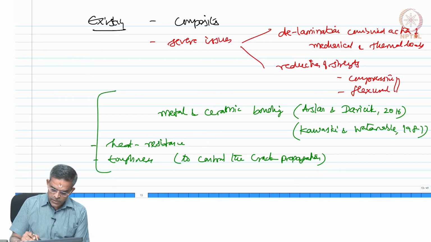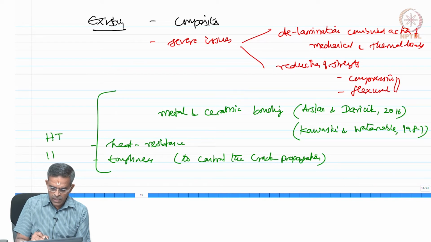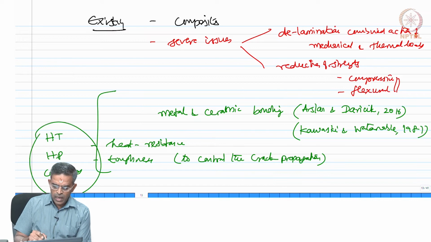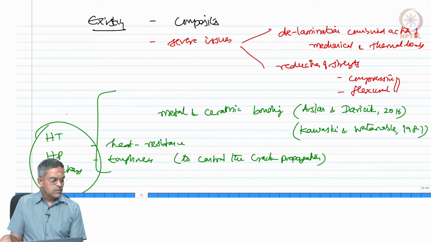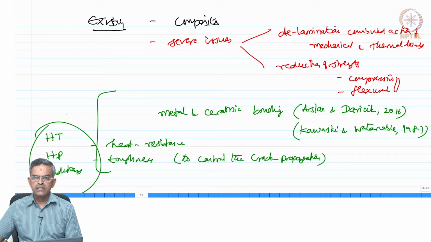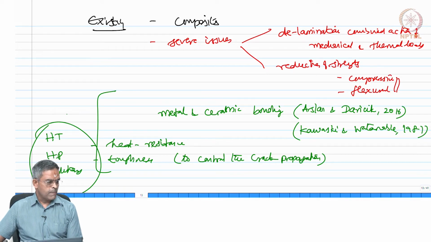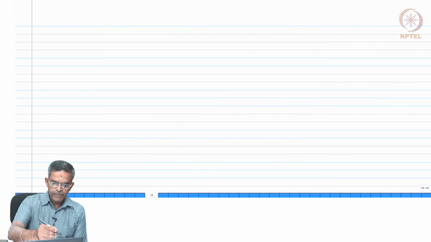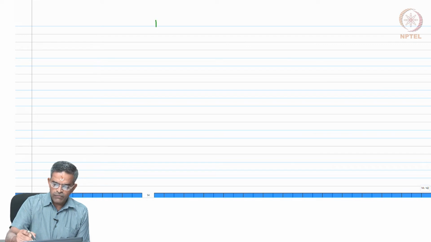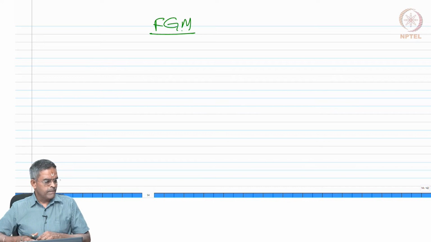And we are looking for this under high temperature, high pressure conditions, because marine risers are subjected to high temperature and high pressure conditions. So, under high pressure, high temperature conditions, composites are likely to have delamination. Therefore, we cannot use them. So, the alternate which is suggested in the literature could be the functionally graded materials.